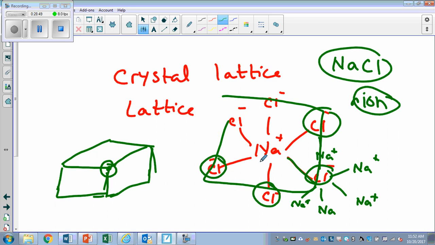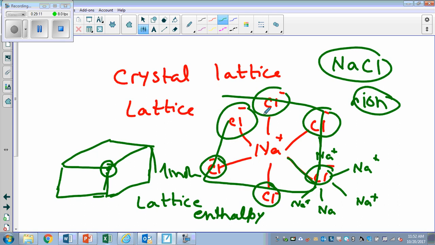The lattice enthalpy is the energy required to decompose 1 mole of ionic lattice into gaseous ions, individual ions. Since they are holding opposite ions together, it is a very strong crystal lattice structure.